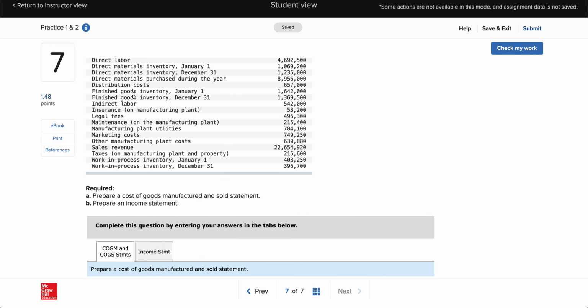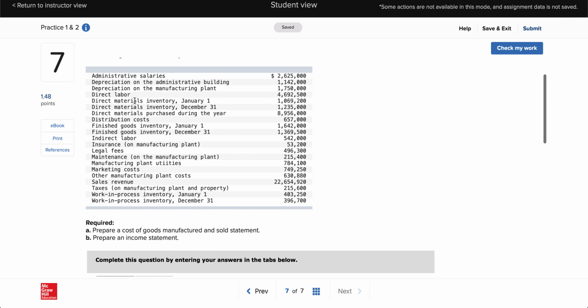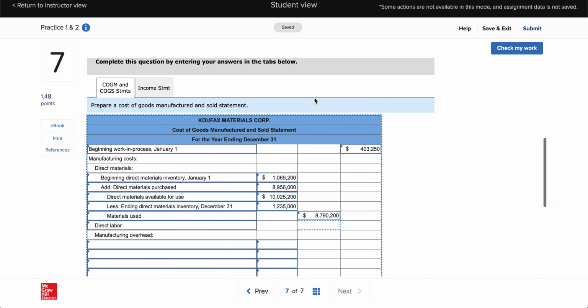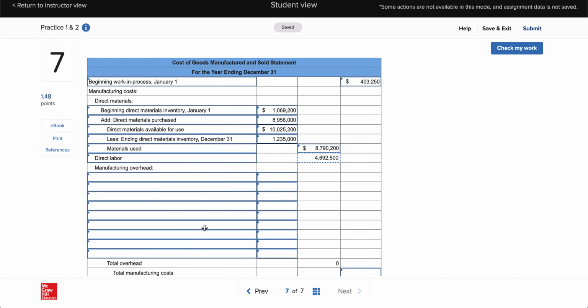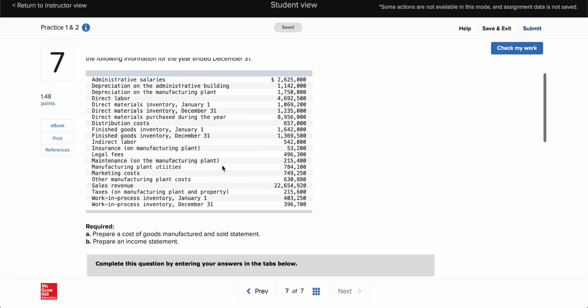Direct labor is, nope, that's indirect. 4,692,500. And so we have direct materials, direct labor. Now we have to list the manufacturing overhead. This means we need to go up and grab all of the items that we find here that are manufacturing overhead items.